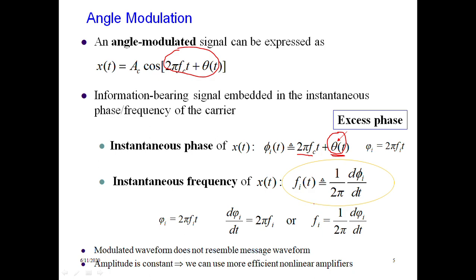The instantaneous frequency depends on the rate of change of the phase. We have phi i equivalent to 2 pi fi t. The i refers to the instantaneous phase, meaning it will change, so the instantaneous frequency depends on the rate of change of the phase.